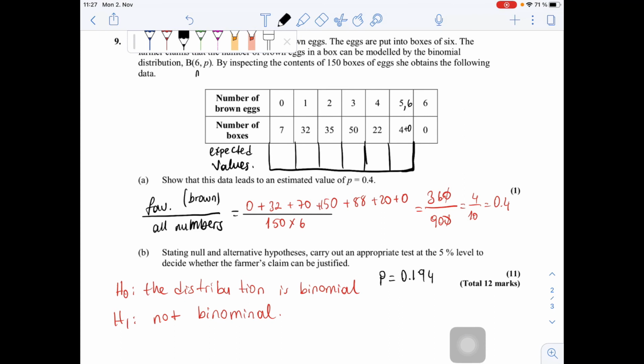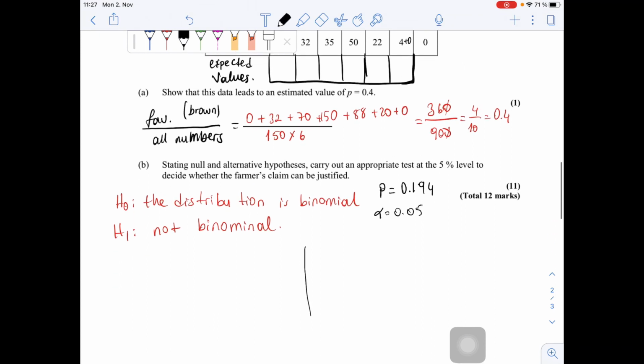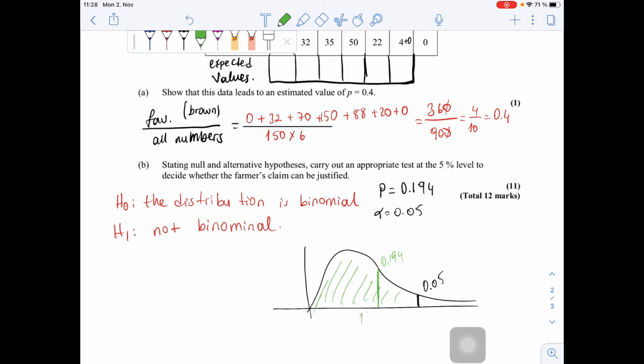So our alpha is 0.05. What does that mean? If this is the chi-square distribution, something like this, and this is 0.05, our p-value 0.194 lies over here. This area stands for the null hypothesis.